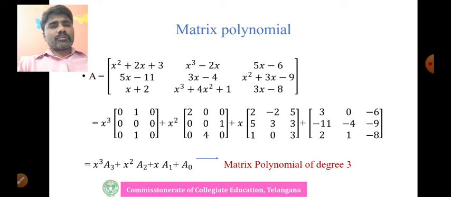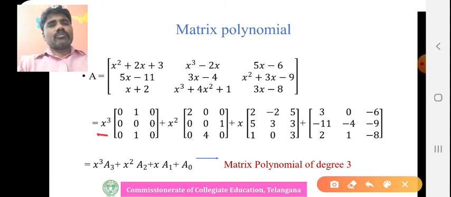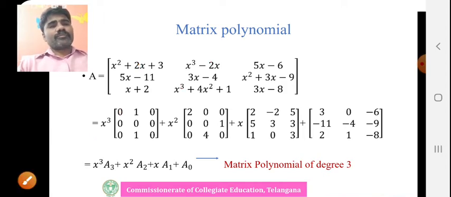Now this can be put in the form of collecting the coefficients of x cube into a matrix. The first element has no x cube, that's why it is 0. In the second element the x cube coefficient is 1, that's why it is 1.